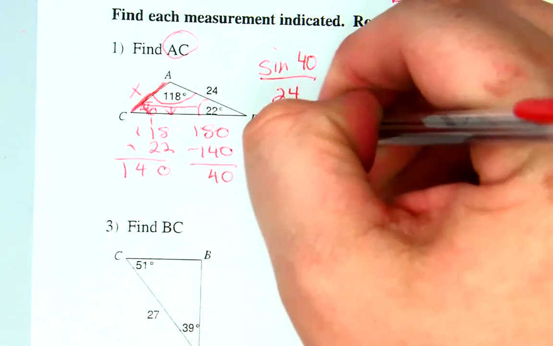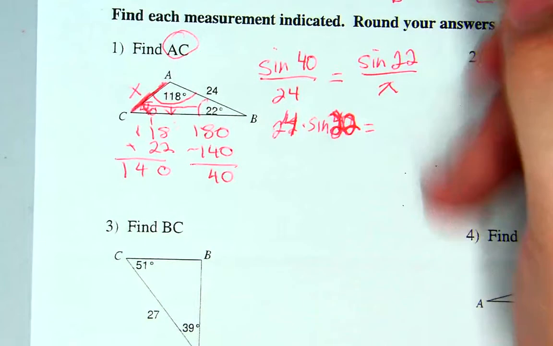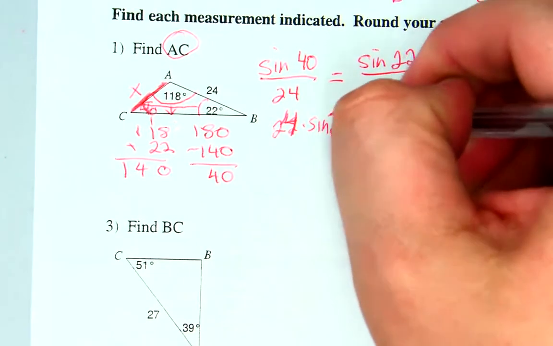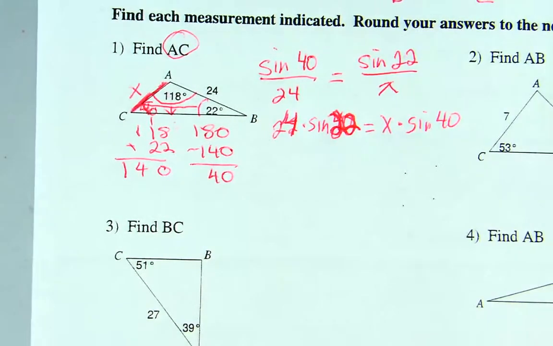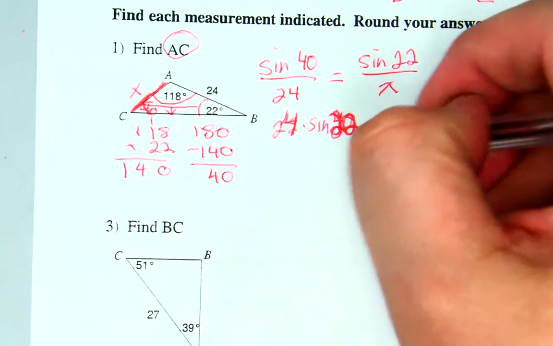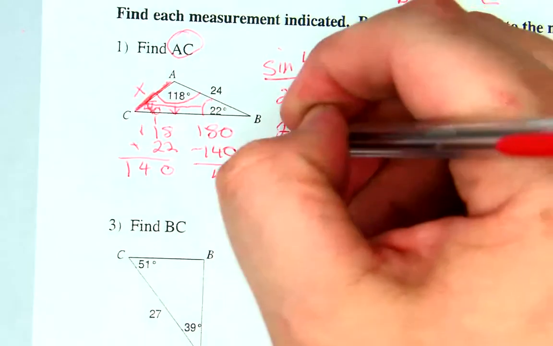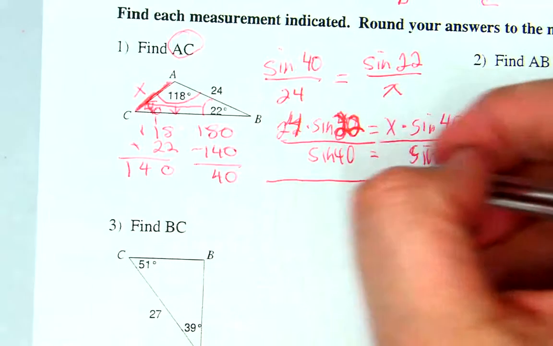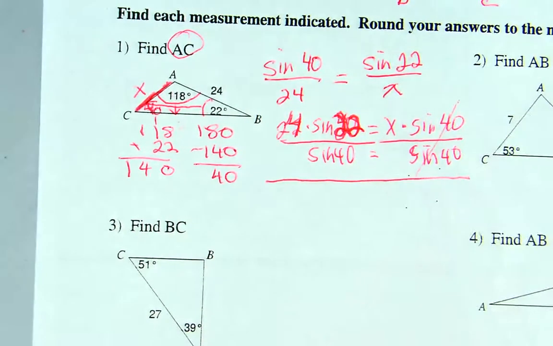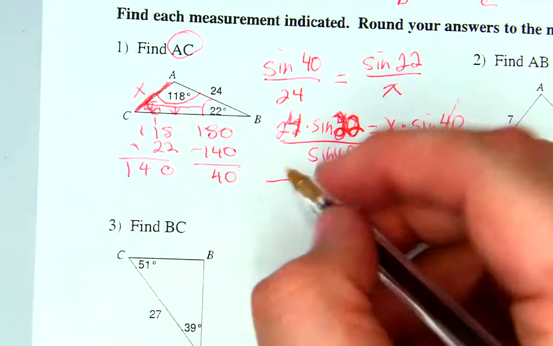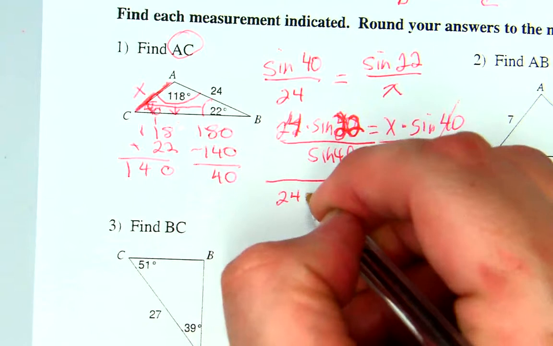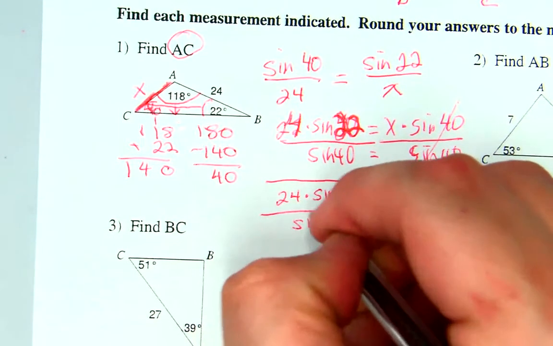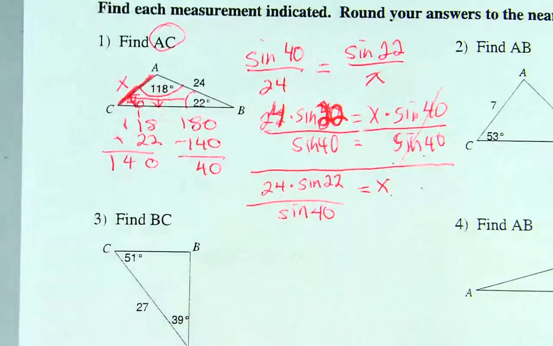No Academy Award for this short film. 24 times sine of 22 equals X times the sine of 40 degrees. Divide by the sine of 40. These divide out, so I'm left with X. And you're going to get 24 times the sine of 22 over the sine of 40.